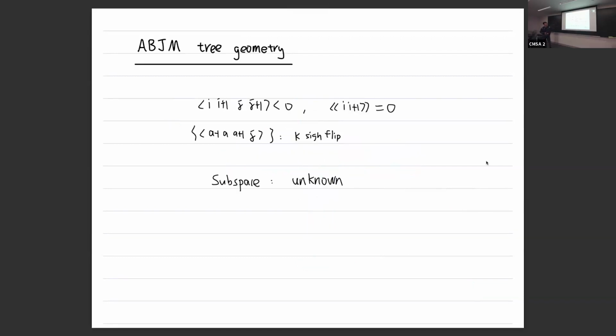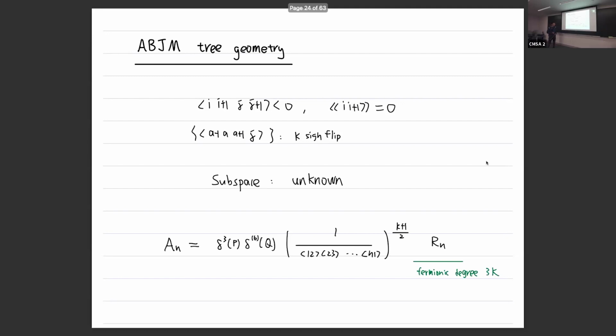So we can now define our ABJM tree geometry by first changing this sign from positive to negative and imposing the symplectic condition, and all the things just keep the same. But now we still need to clear out the subspace, which we don't know so far.